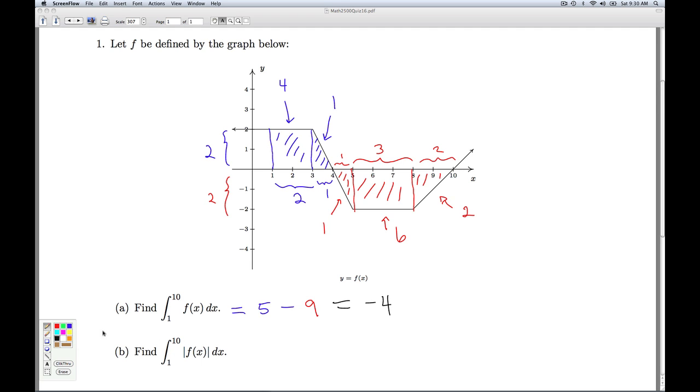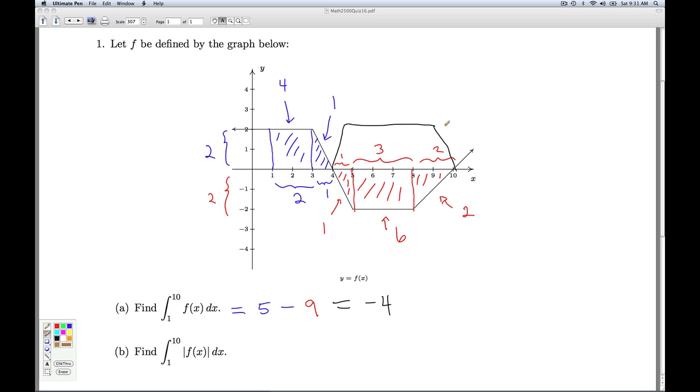So graphically, since I'm taking the absolute value of the y values, any y values that are below the x-axis will now become above the x-axis. So this would be up, over, and down.